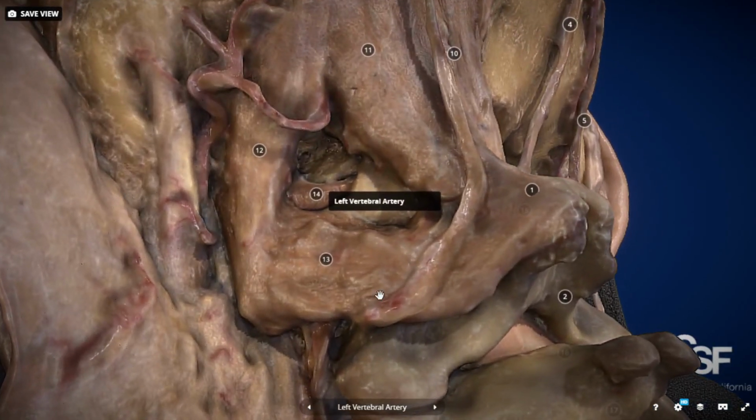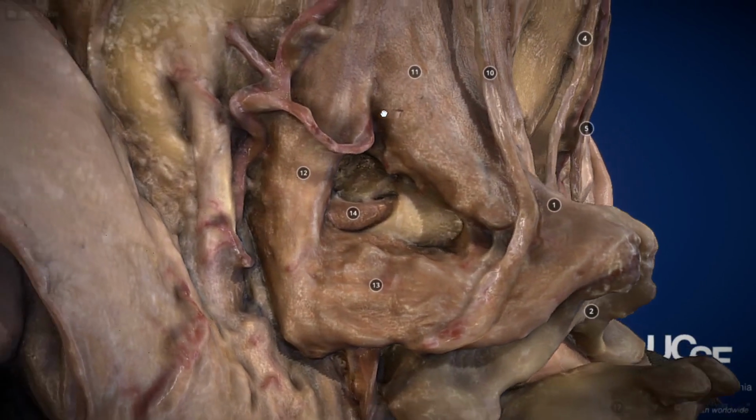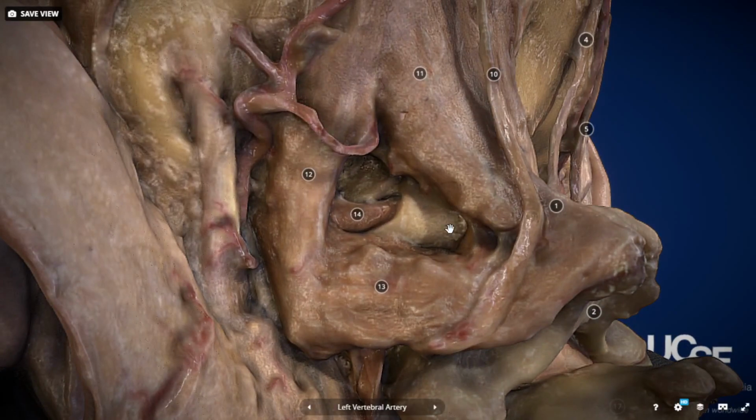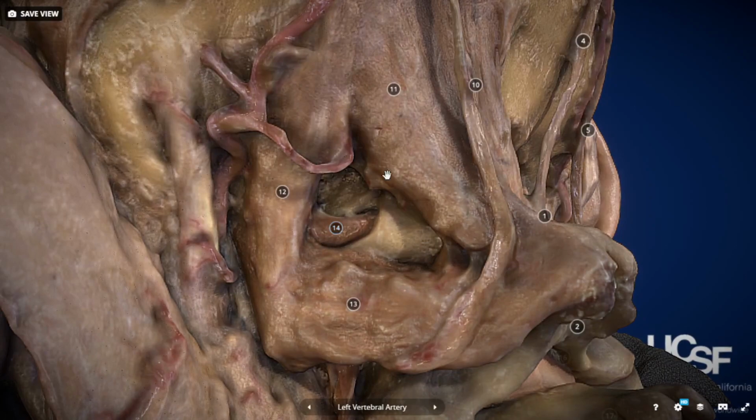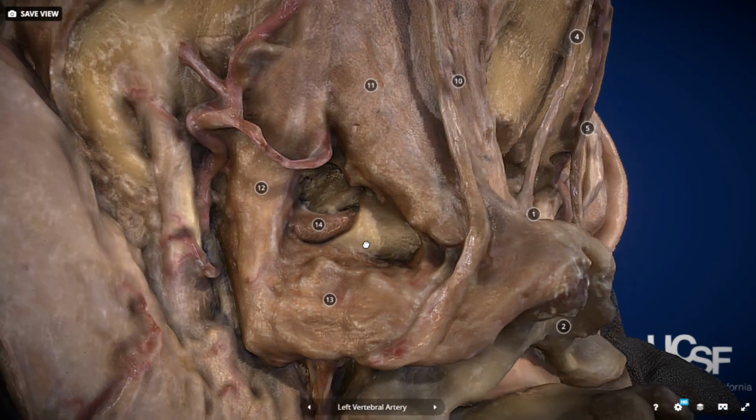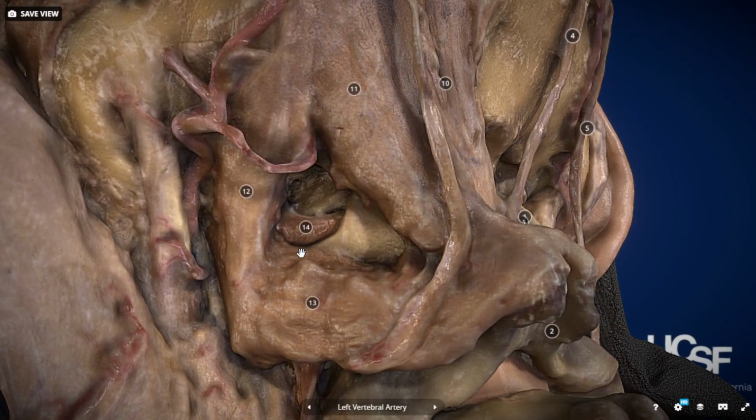So after defining the muscles, we can identify the suboccipital triangle and the structures that are within this triangle. One of the major structures is the V3 segment of the vertebral artery, and we can identify here the sulcus arteriosus of the atlas and the horizontal portion of the vertebral artery.